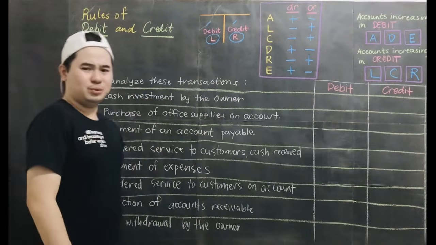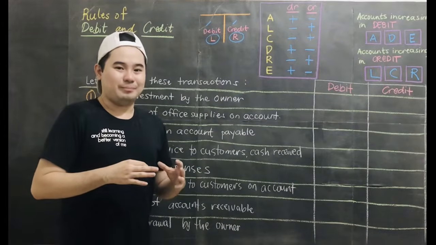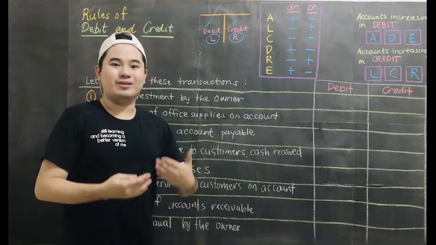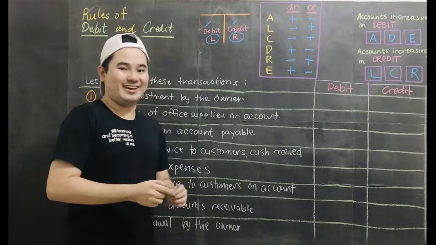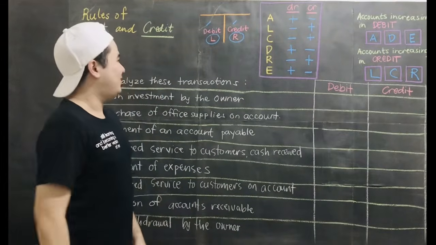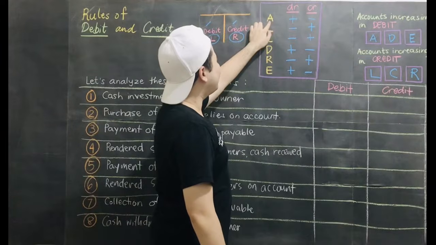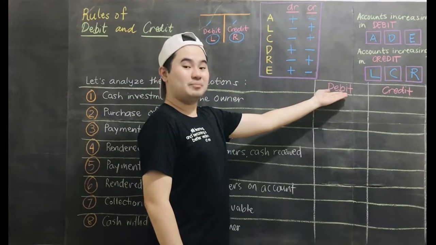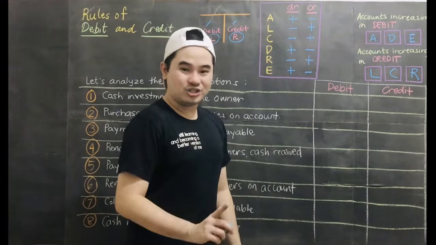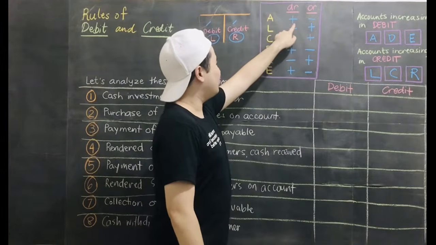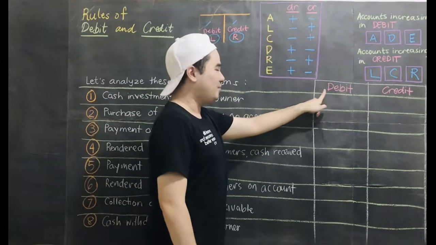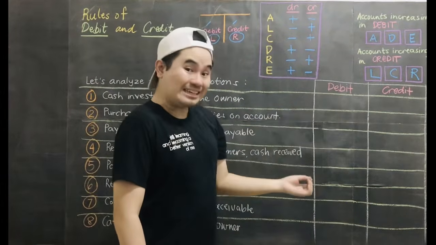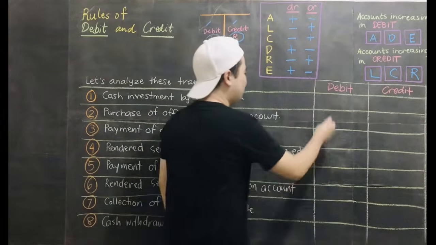Which accounts are affected here? When the owner invests cash, the company has cash. Cash is an asset. We said that when you gain an asset, we put it in debit. So, when the owner makes a cash investment, what account will we be debiting? We will debit the cash account. So, debit, cash.